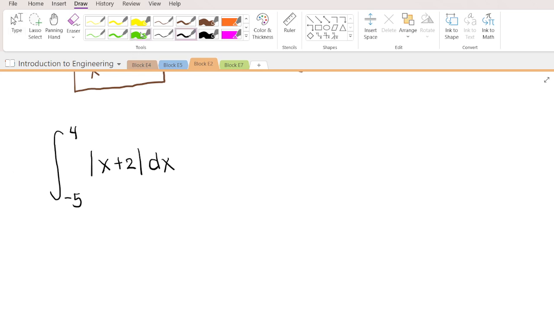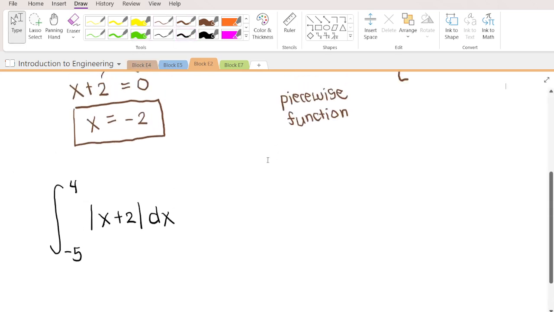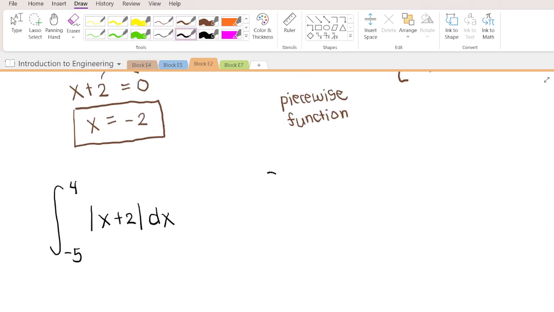And if you look at the limits, if you're going to write here the limits, we have -5 as the lower limit, and we have +4 as the upper limit.